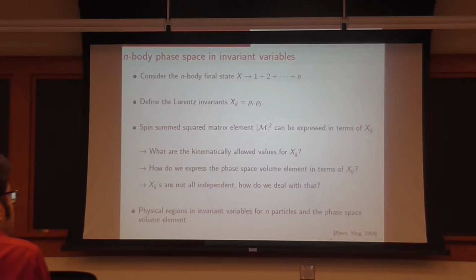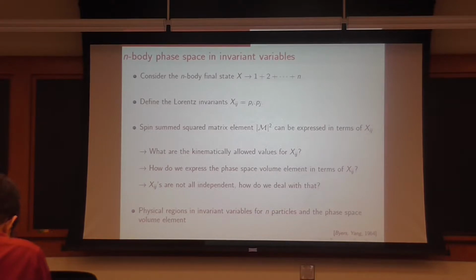So consider this n-body final state, X goes into 1 to n. It doesn't have to be a direct decay. It could go through two-body, three-body decays, doesn't matter. And we know that the spin-summed amplitude squared can be expressed in terms of x_ij's, so it's a good idea to look at this phase space in terms of x_ij's.